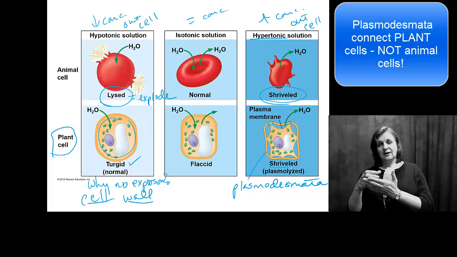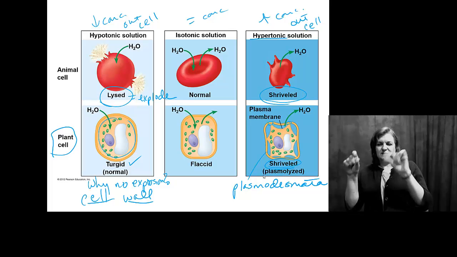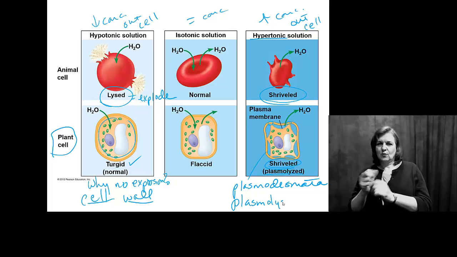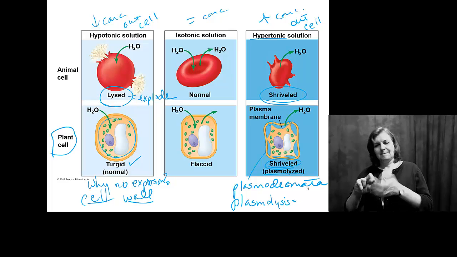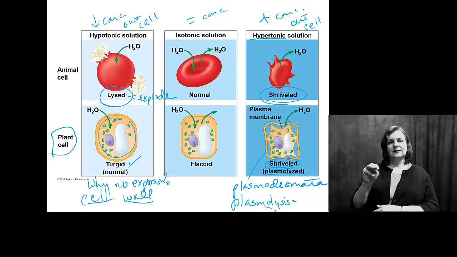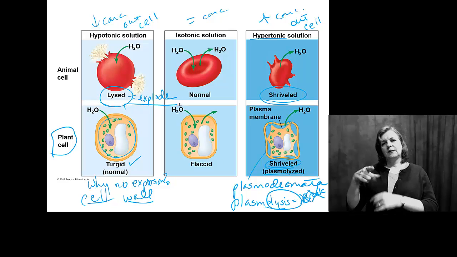And in this case, the cell will shrivel, but it doesn't shrivel quite as far. It actually goes through a process known as plasmolysis, which equals the shrinking of the cell membrane or the shriveling of the cell membrane. Please be very careful with this. Lysis here does not mean break, like it did up here.